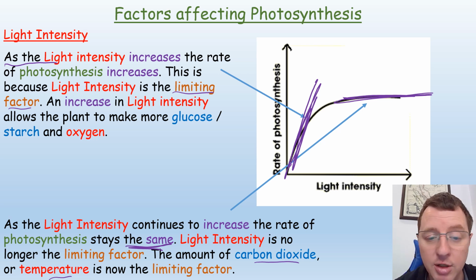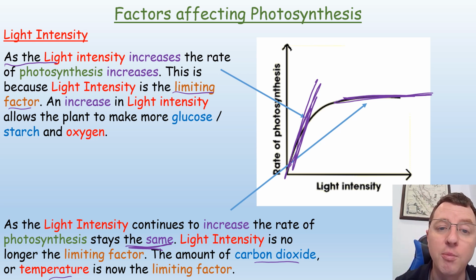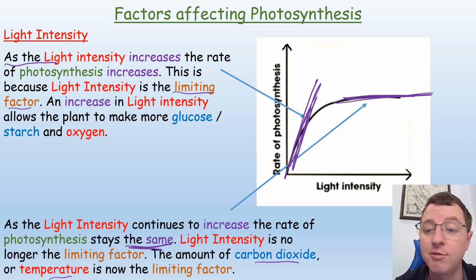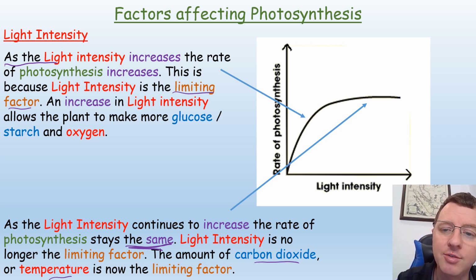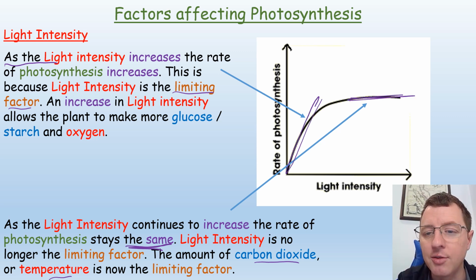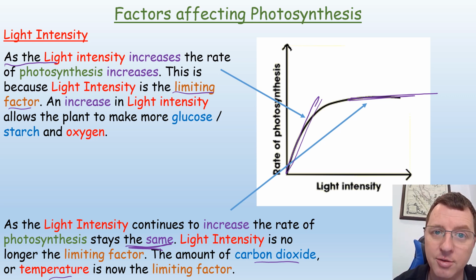So we would have to increase the amount of carbon dioxide or the temperature to continue to increase the rate of photosynthesis. It's important to understand that a limiting factor is anything that will slow down the rate of photosynthesis. So therefore, by giving more of that particular factor, we will increase the rate of photosynthesis. And in this case, in the first section of the graph, light's the limiting factor, and in the second section of our graph, carbon dioxide and temperature are the limiting factors.